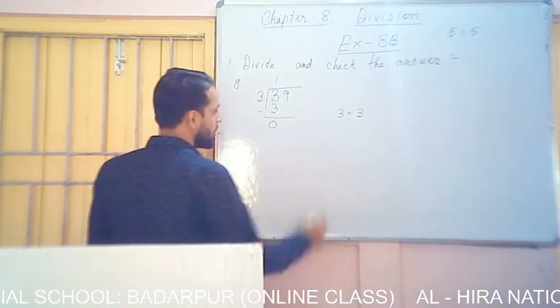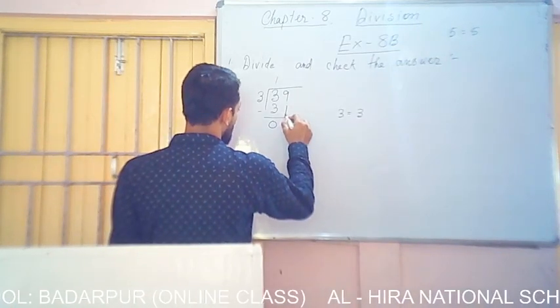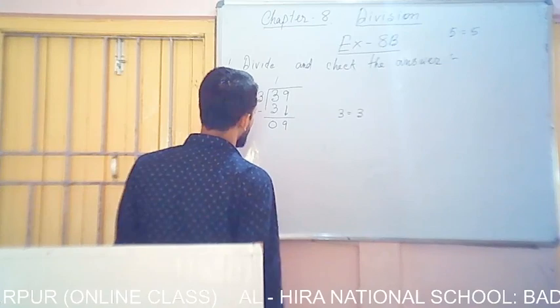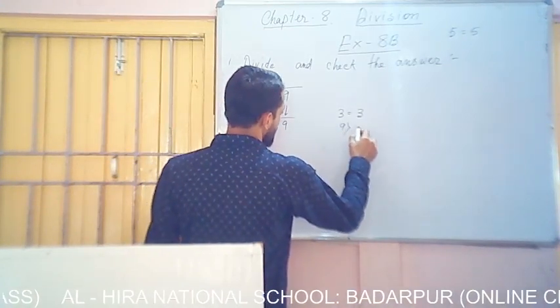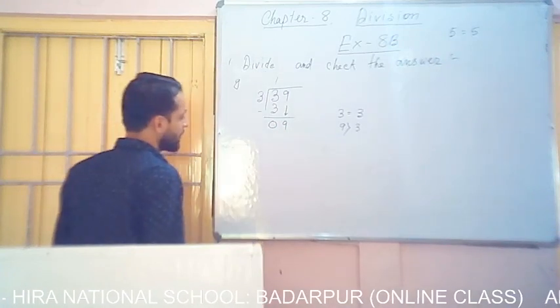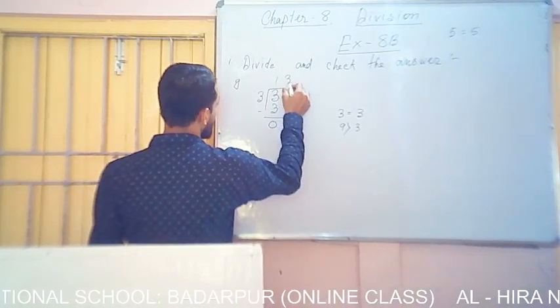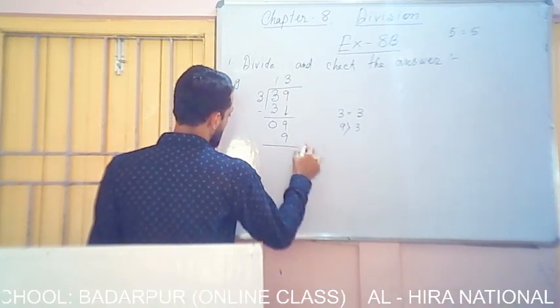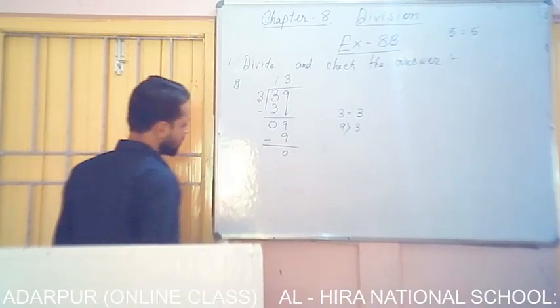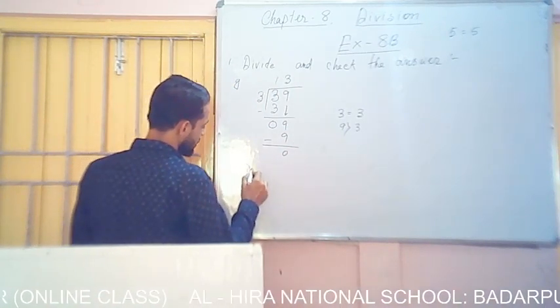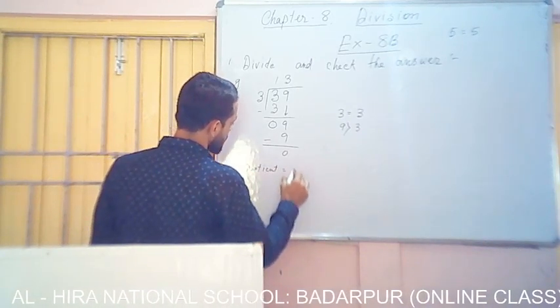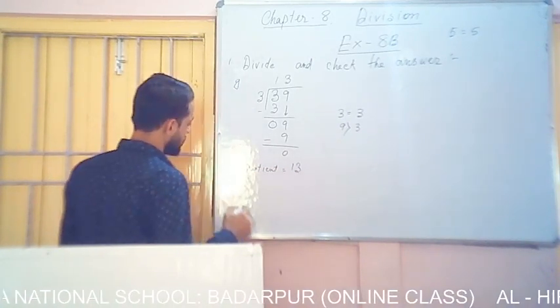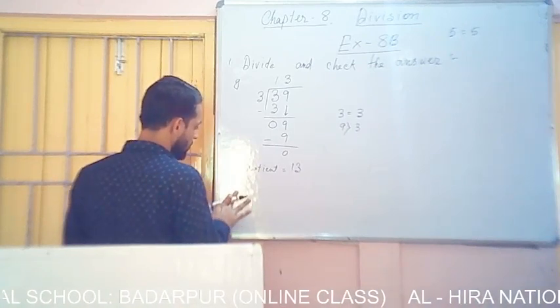The first step is over. We have to bring down 9 here. Okay, 9 ones. So now again 9 is greater than 3. Okay, that means we can divide. We have to follow 3 table. 3 threes are what? 9. 9 minus 9 equal to what? 0. Now the quotient is 13. Now what we have to do?